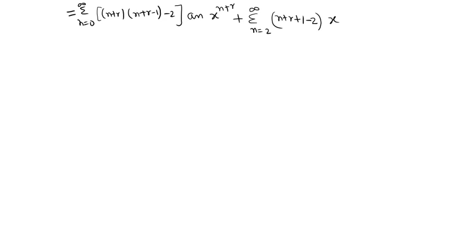We need to write two terms separately for n equal to 0 and n equal to 1.